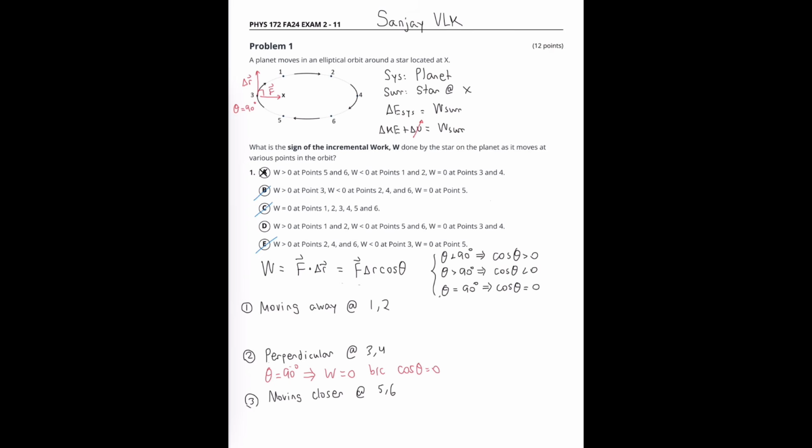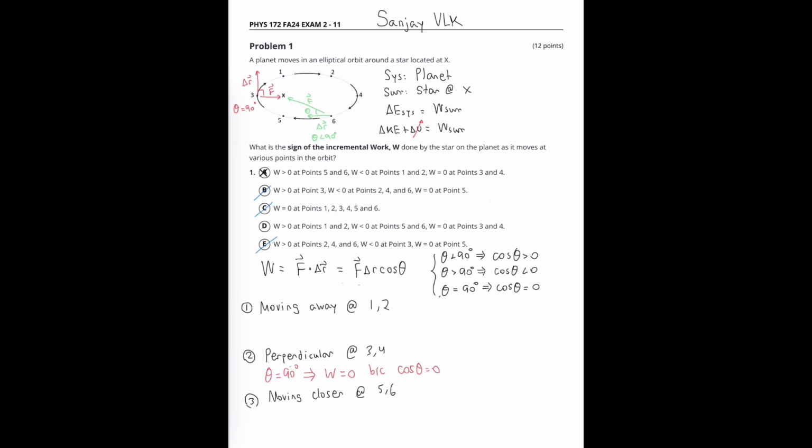Our second case, which will be moving closer, let's do point 6. We have our gravitational force acting inward. We have our change in r. And we have our theta. You can say theta in this case is less than 90 degrees.